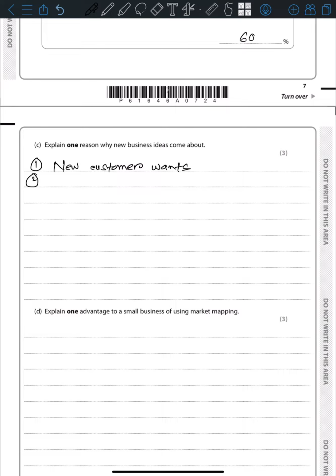We need to change the features of our product to meet customer changes. So we need to come up with new ideas because the existing products that we have are not satisfying customers.